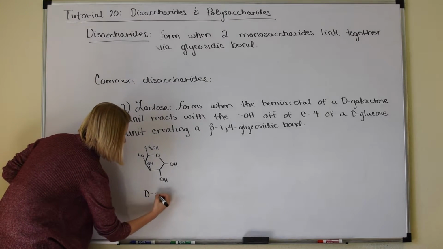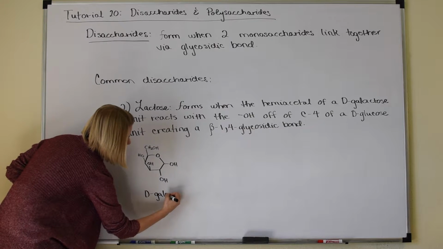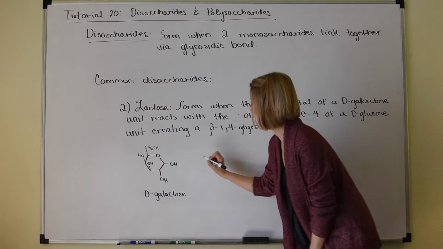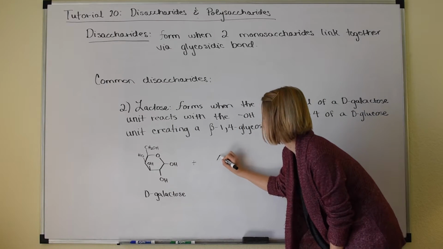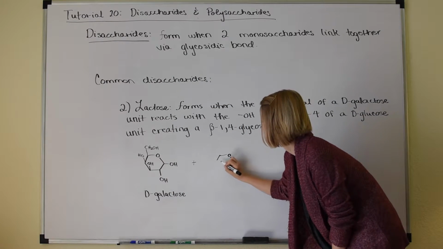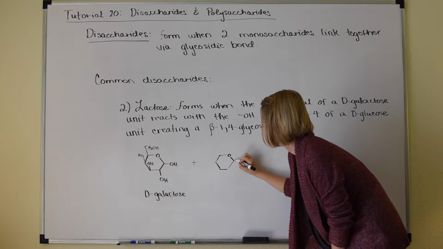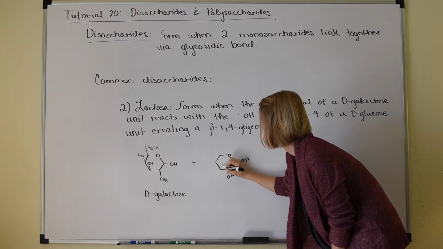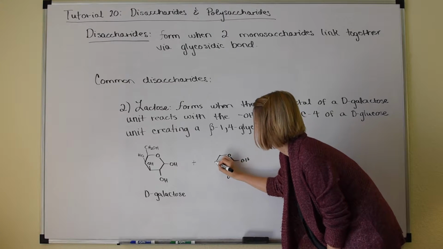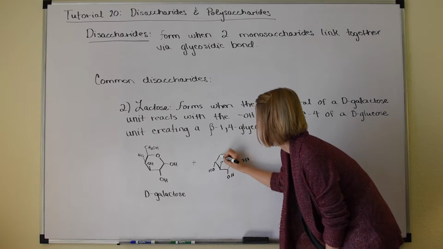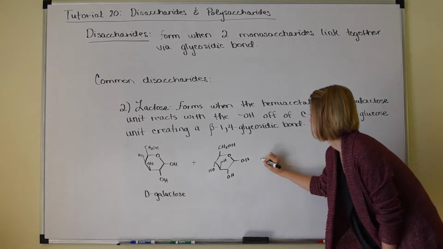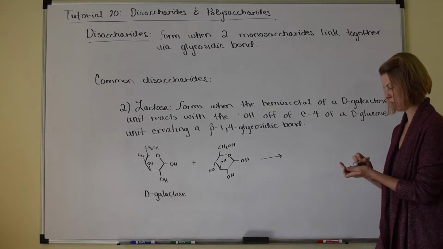So that orientation is for D-galactose. Okay. And it's going to be reacting with D-glucose, which is down, up, down, and then the CH2OH is up. Okay.